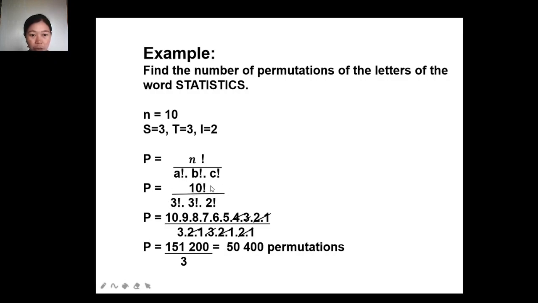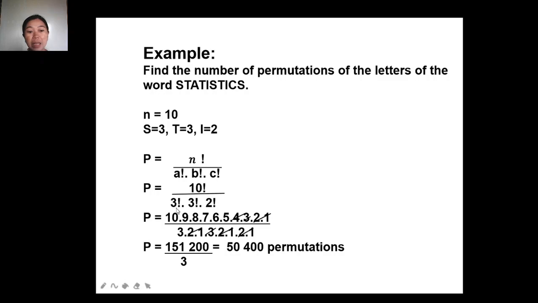For 10 factorial, if you're going to simplify, starting from 10, we have 10 times 9 times 8 times 7 times 6 times 5 times 4 times 3 times 2 times 1, considering that 10 factorial consists of 10 factors.